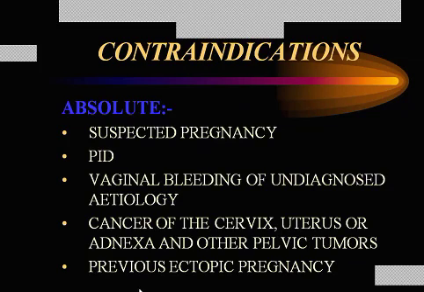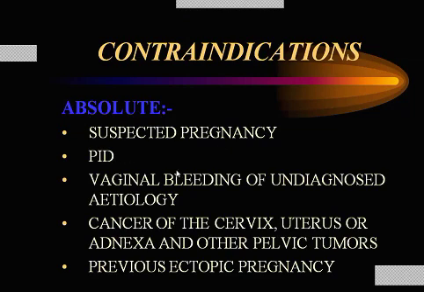What are the absolute contraindications for use? Suspected pregnancy. If you want to insert an IUD, you have to rule out pregnancy before insertion. If any suspected pregnancy is there, then you should not insert this. Rule out pregnancy and then advise the user to go for IUD.